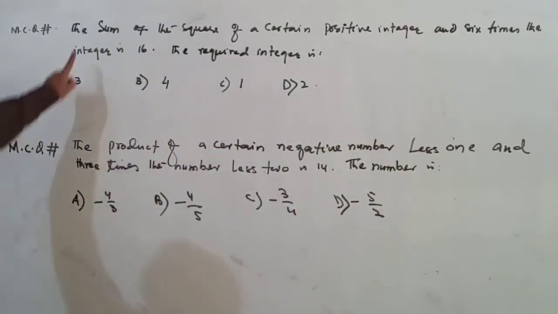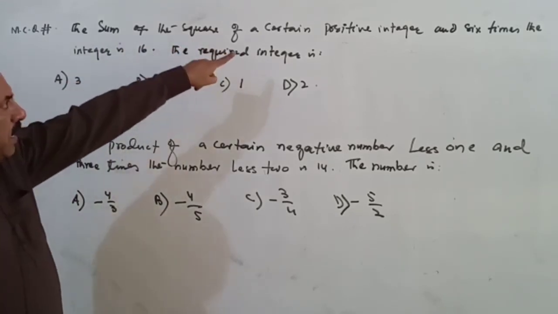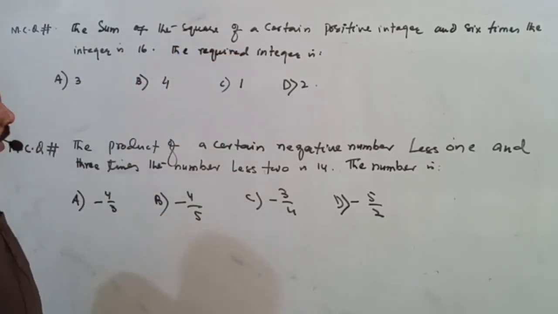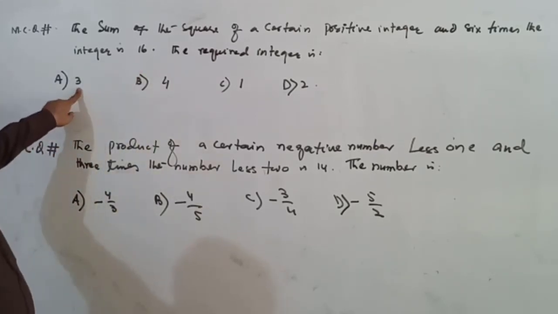Now the sum of the square of a certain positive integer and 6 times the integer is 16. This is 3. Square of 3 is 9. 6 times 3 is 18. 18 and 9, it is 27.